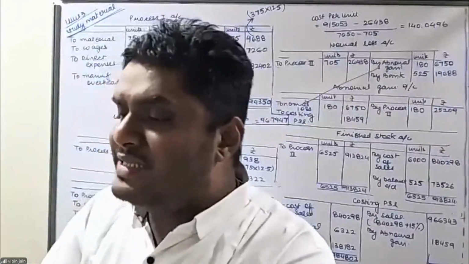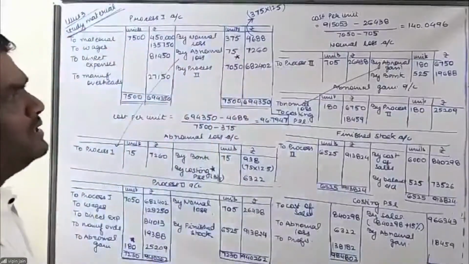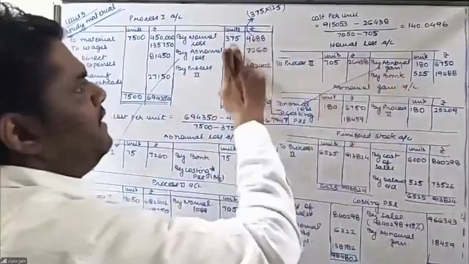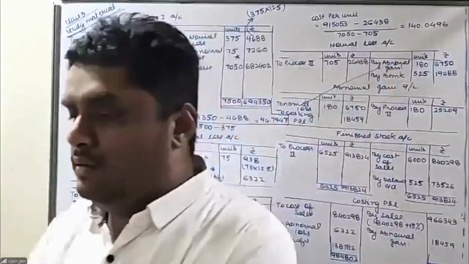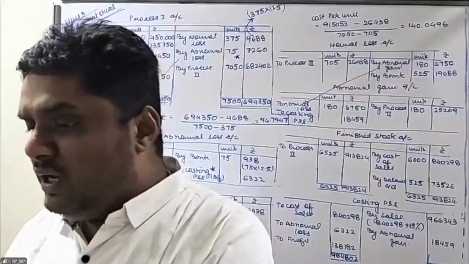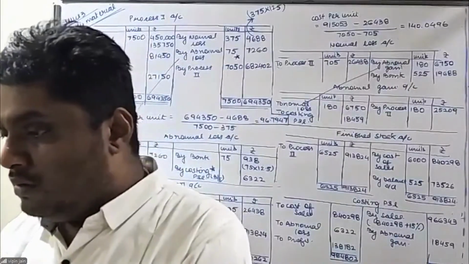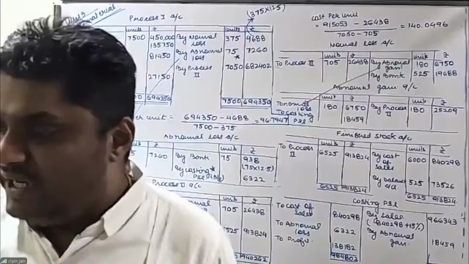Miss Mahalakshmi, as I mentioned, in process first also we can prepare normal loss. It will be very simple. That is, do process first and by buyback with the same amount. So again, this part I have skipped. Ankit Mishra, any doubts? I request you guys to please copy this explanation first.